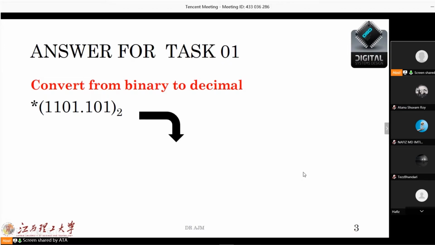Let us see. I think it's better that all of us now have one piece of paper and solve with me. Okay. Do you have any paper with you? Okay.